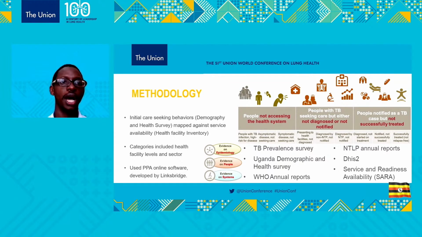And so we looked at the categories of care seeking by level of health facility, right down from the village health team going up to the national referral hospitals. And in Uganda, we have a village health team at the very grassroots level who is an individual going into the community.